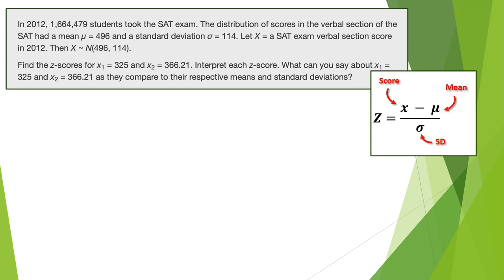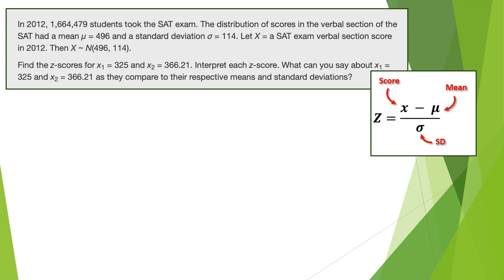So they say find the z-scores for 325. That's the first x. And the second x would be 366.21. And then interpret each z-score. Now, when we talked about z-scores, we said what a wonderful thing it is to have this formula to work off of and how it makes life so simple.